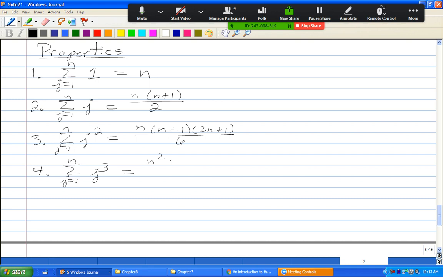And the sum of j cubed is equal to n squared times n plus 1 squared over 4. Okay, etc.